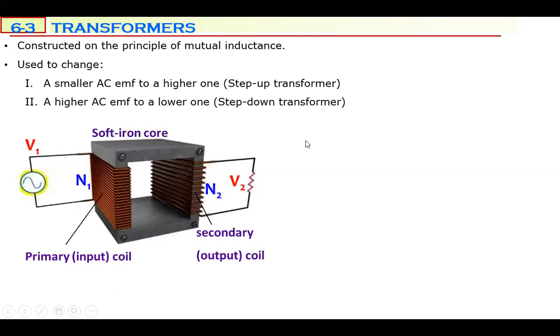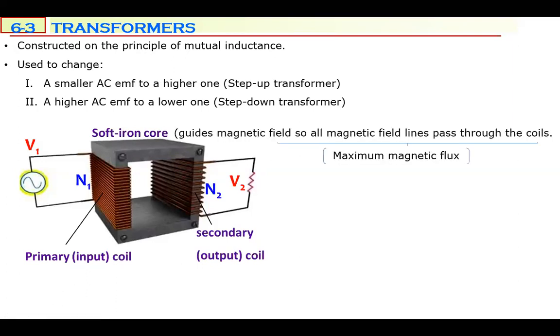So how is it possible? How can a transformer do that? We change it by arranging the number of loops in the primary and secondary coil. You can make a transformer step up, or you can make a transformer step down, depending on the number of turns in the primary and secondary coil.